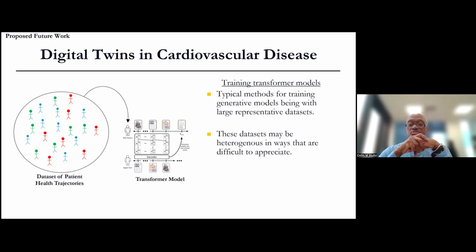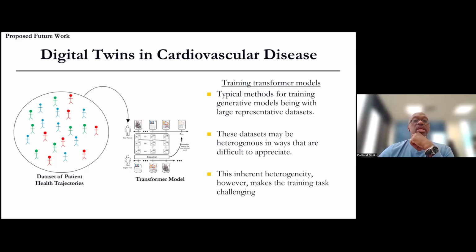Cancer, case in point, breast cancer has two words that describe it, but there are many subtypes. Some of them we know, some of them we don't know. We have 4 different classes of heart failure, but those are the ones that we can readily describe. There are likely many, many subtypes that we actually don't know. So this inherent heterogeneity makes the training task challenging.